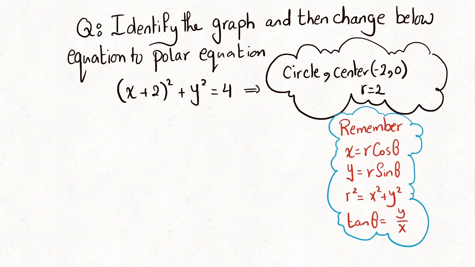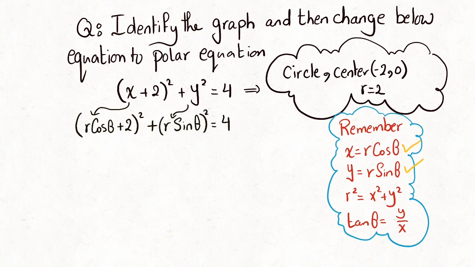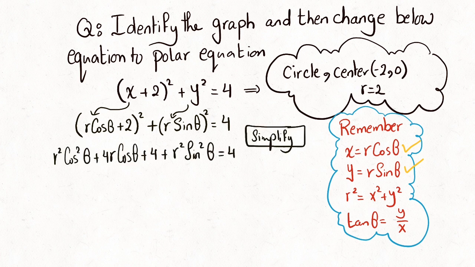Now we recall the previous facts, and whenever we see x, we will replace it with r cosine theta, as you will see in front of you. I need to mention that whenever you see y, you will replace it by r sine theta. Now we complete simplifying the shape.